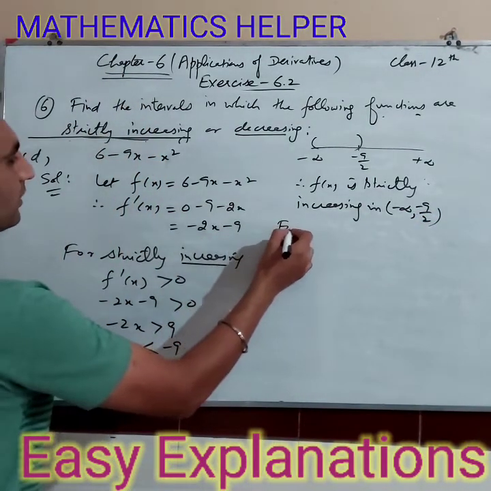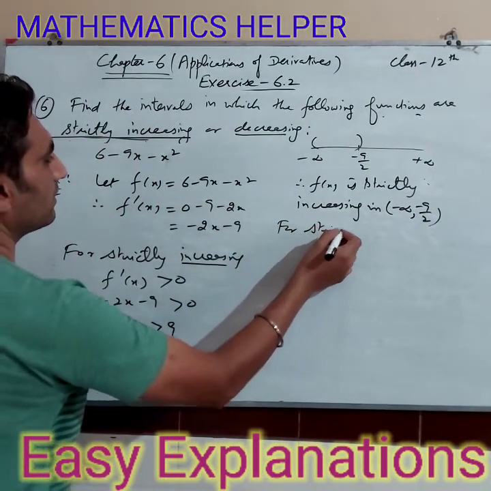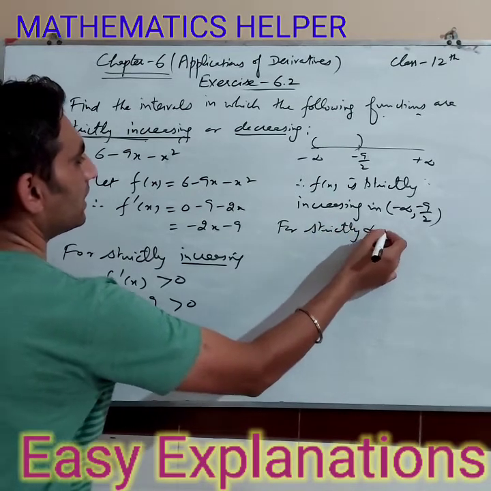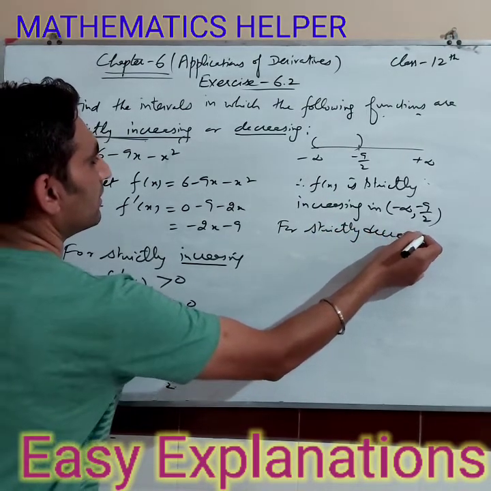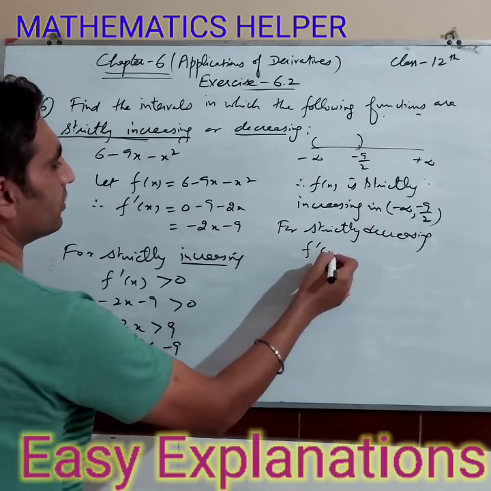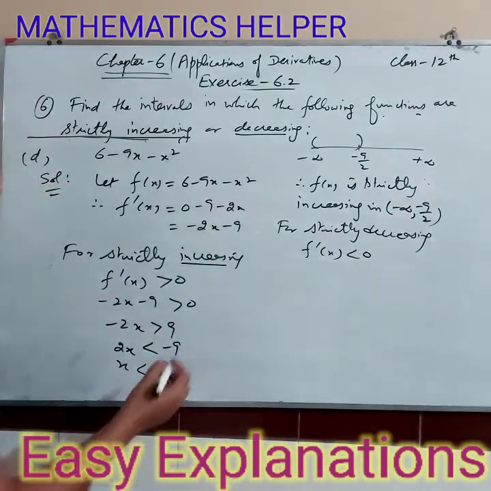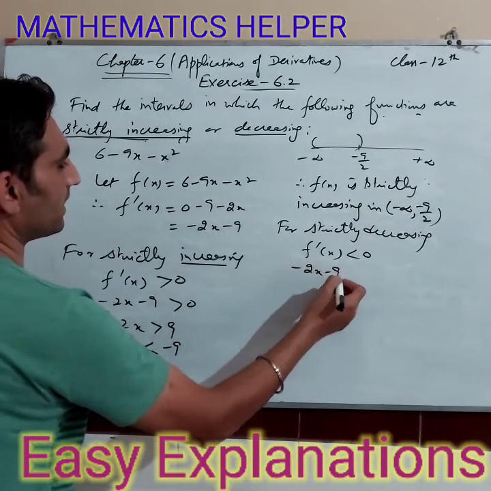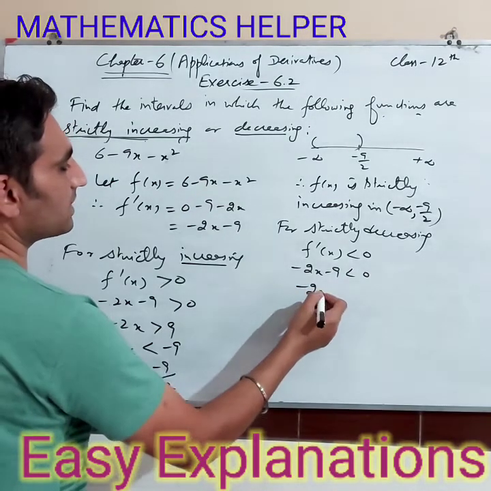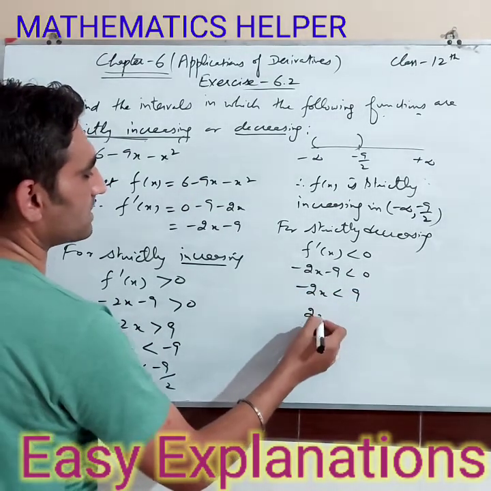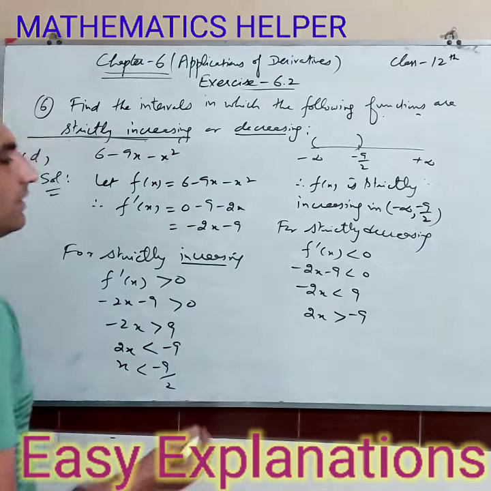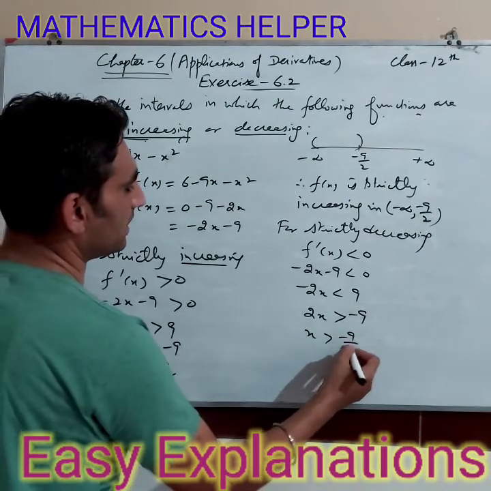Now for the other calculation, for strictly decreasing, the derivative should be less than 0, or its value minus 2x minus 9 less than 0, minus 2x less than 9, or 2x greater than minus 9, or x greater than minus 9 over 2.